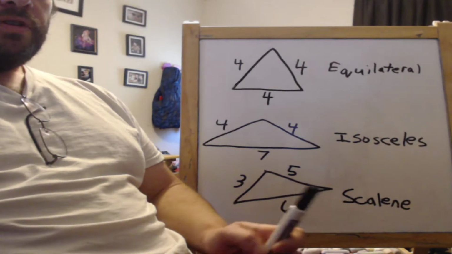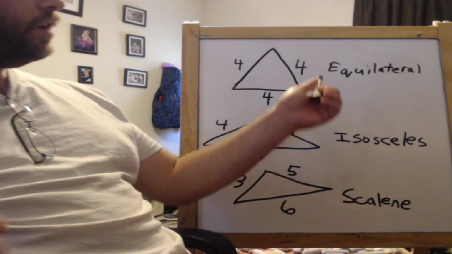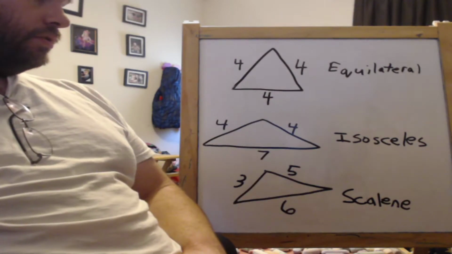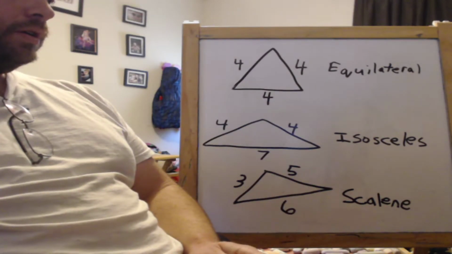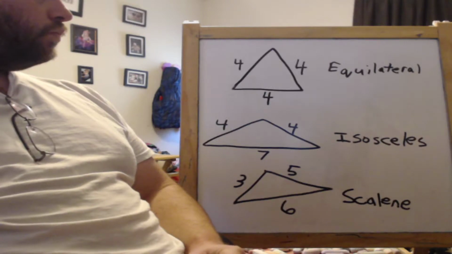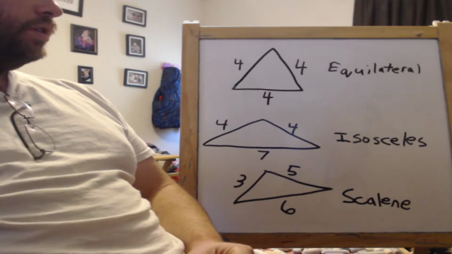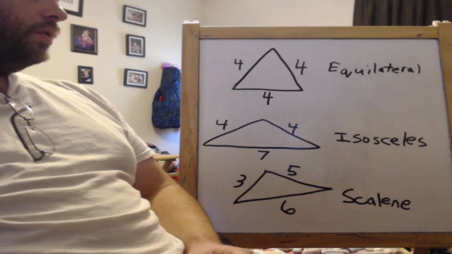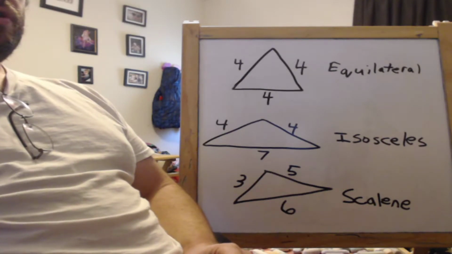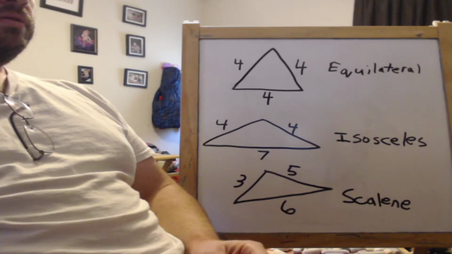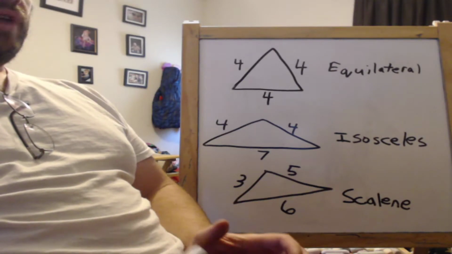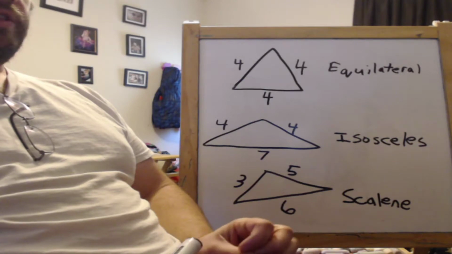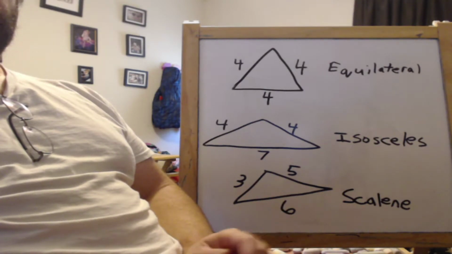Today I'm going to go over another 3 different types of triangles. I know that I went over right triangle, acute, and obtuse, and those are based on the angles, right? So a right triangle has an angle that is a right angle, 90 degrees.